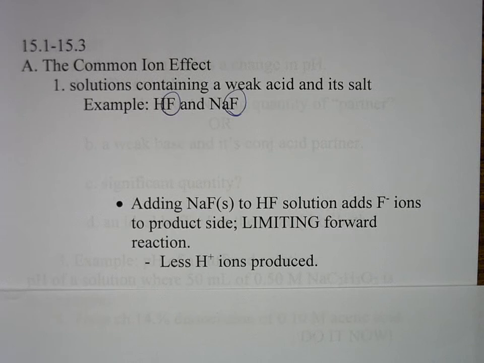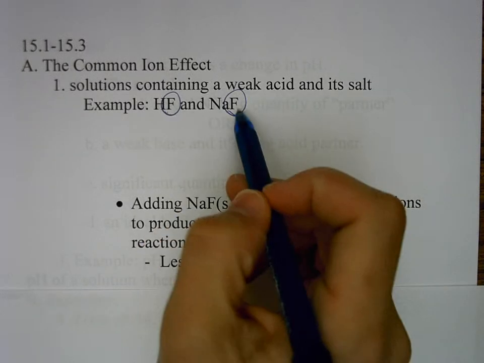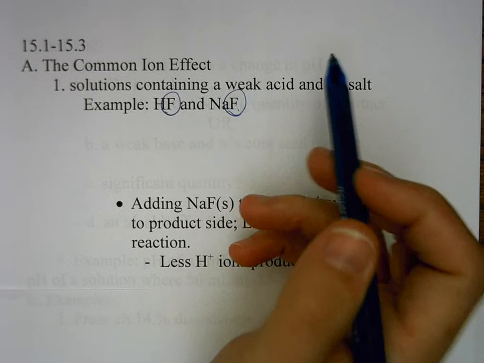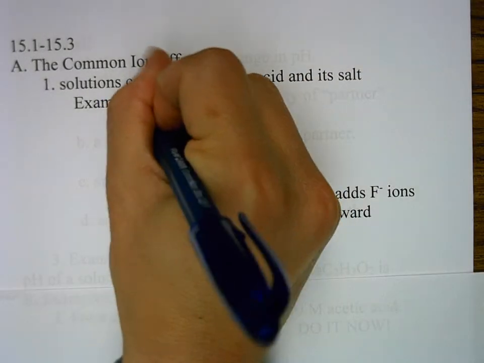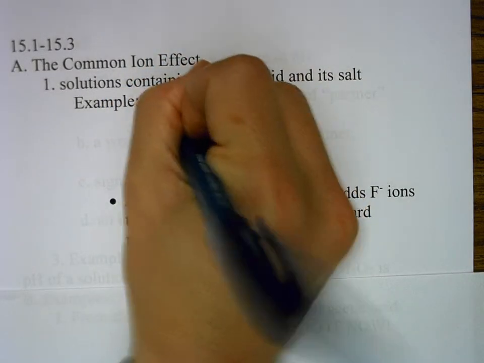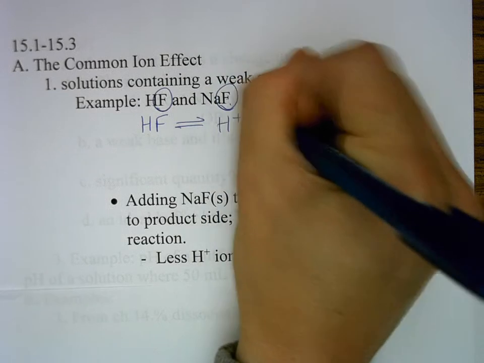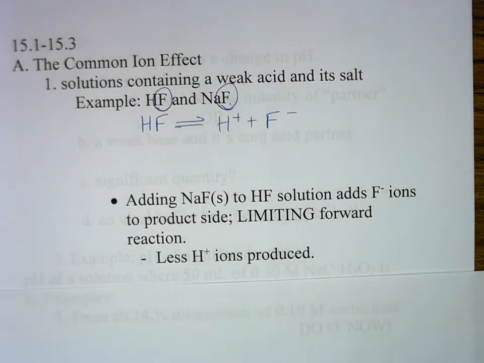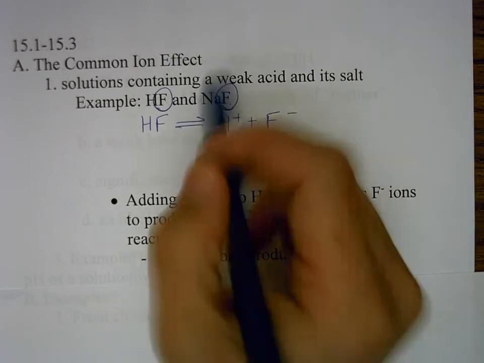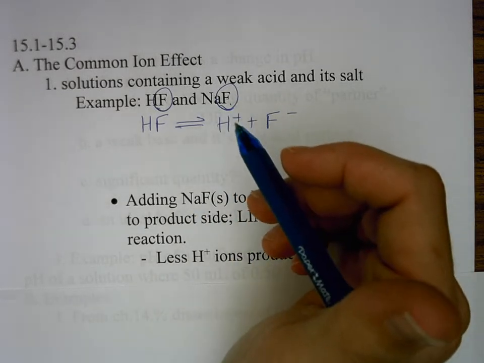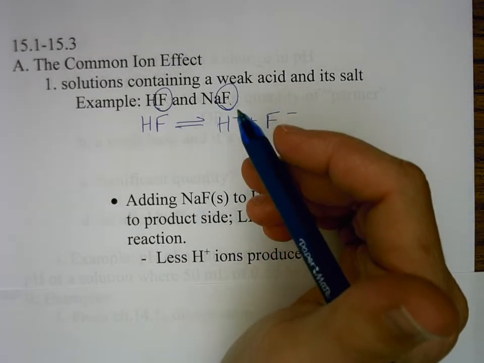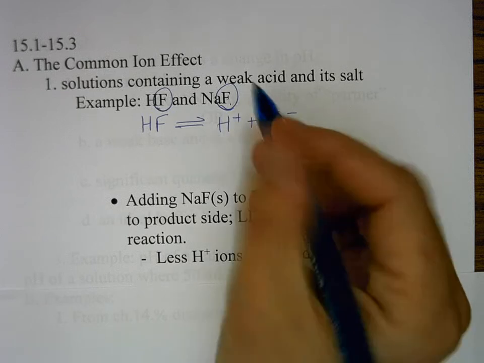Now, when you combine things together that have common ions like that, it changes the whole equilibrium process just a little bit. And so if we think about these two compounds separately, if I have hydrofluoric acid, it's a weak acid, so it will ionize, but just a little bit. And it'll ionize into hydrogen ions and fluoride ions. Sodium fluoride is a solid salt, like the salts that we used to make the solutions last week.